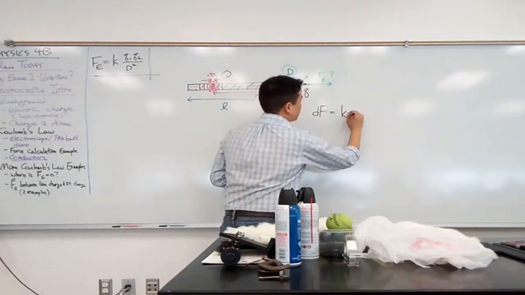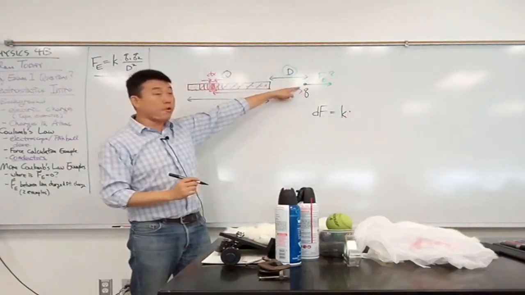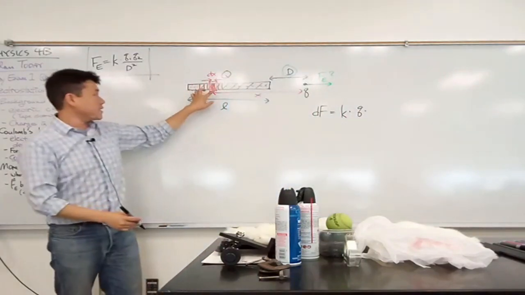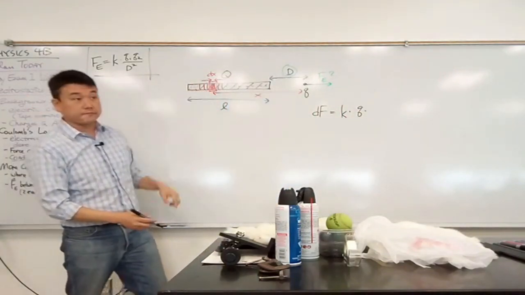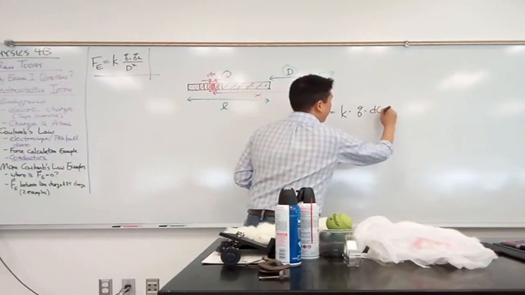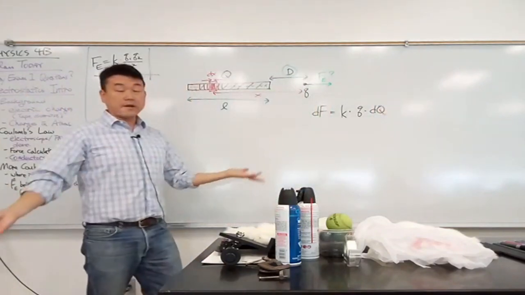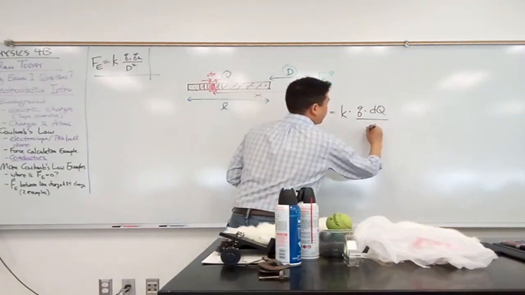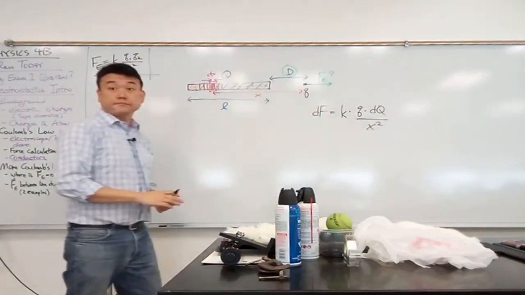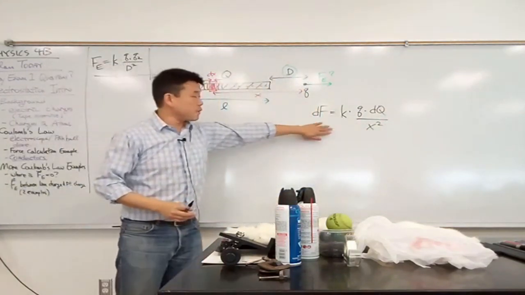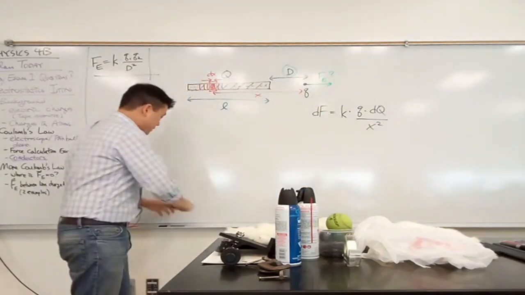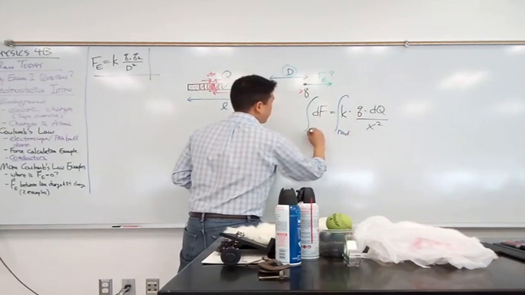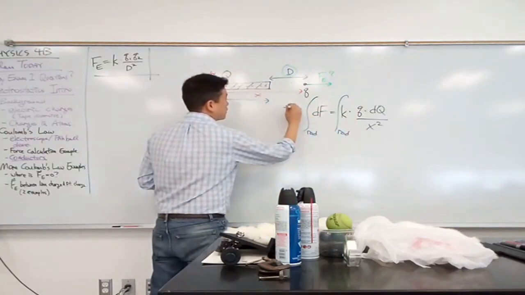That's k times the amount of point charge times the amount of charge that's in this segment of the rod. Let me call that dq for now. It's a small amount of charge in the small segment, divided by x squared. So this is what I want to integrate. When I integrate this over the entire rod, then I'm going to get the whole force.